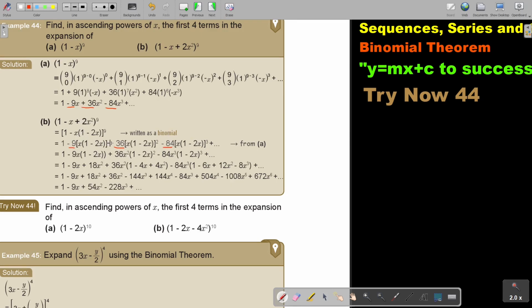Then what you're going to do is, in place of x, you already have your signs in, so don't worry about your signs. If it's a negative, it will be positive, negative, positive, negative, so the signs are in. For the first one, it will be to the power 0. But for the second one, it's to the power 1.